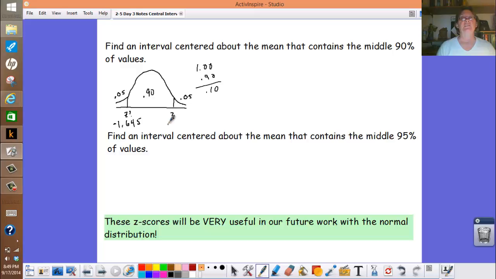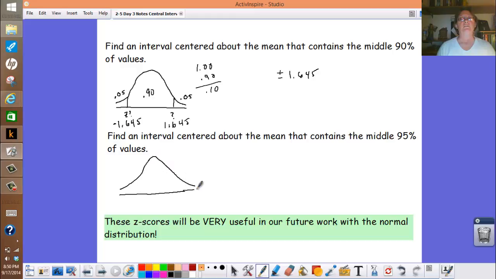The symmetry of the curve tells us that the top z-score, the positive one, has to just be positive 1.645. So the middle 90% of values are within plus and minus 1.645 on the z-chart.